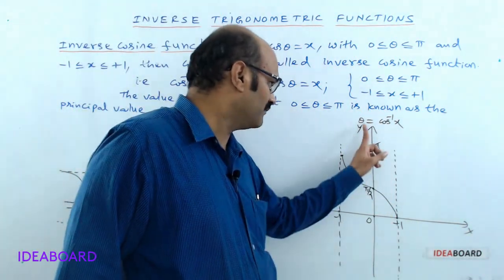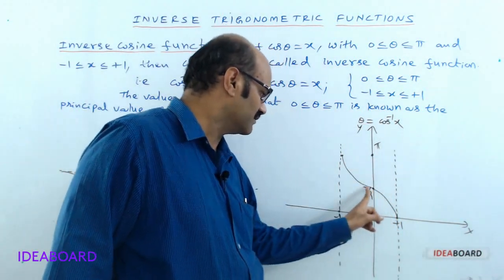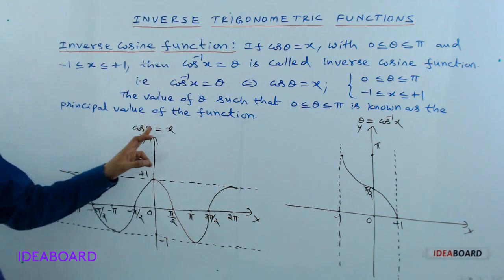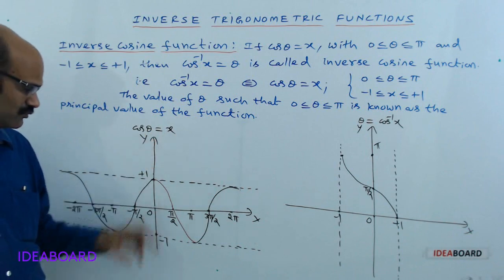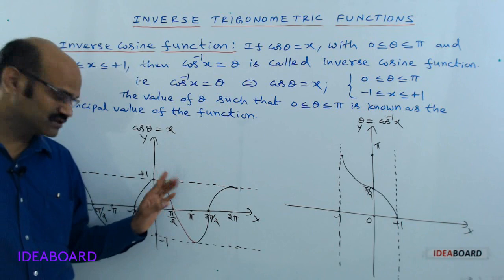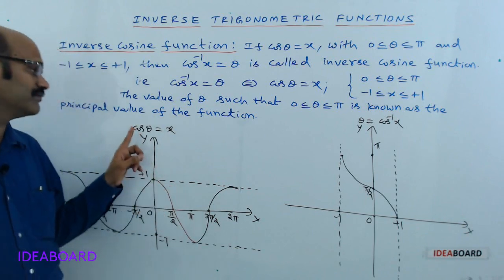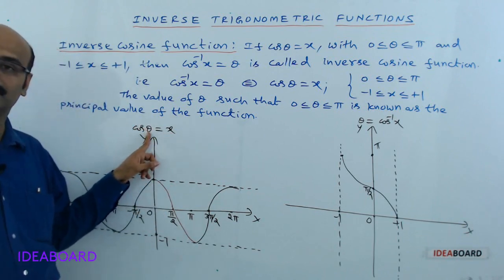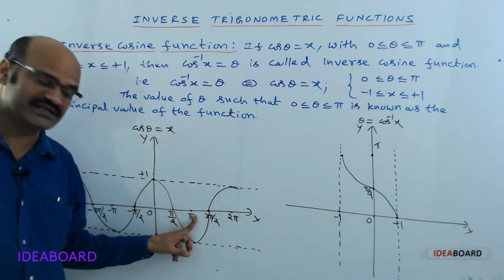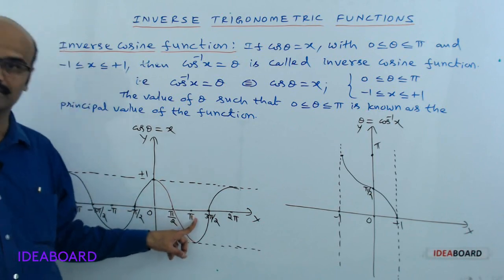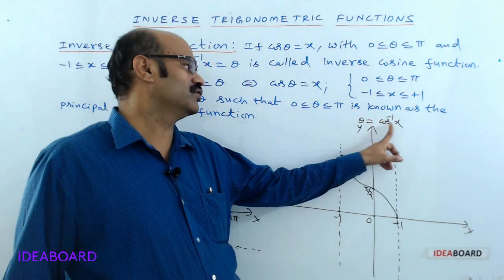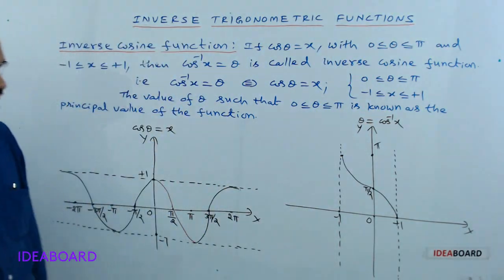Now the graph of theta equal to cos inverse x is this one, and the graph of x equal to cos theta, which is bijective between 0 to pi, is this one. When you restrict the domain of x equal to cos theta from 0 to pi, then we say that it is bijective. So this is the graph of x equal to cos theta, and this is the graph of theta equal to cos inverse x.